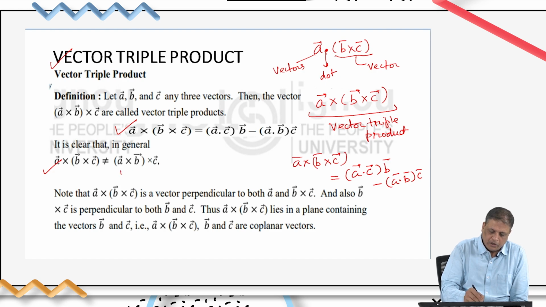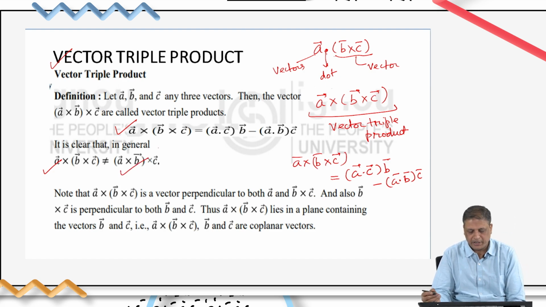This is self explanatory, as we had discussed n number of properties of the cross product in our earlier session.